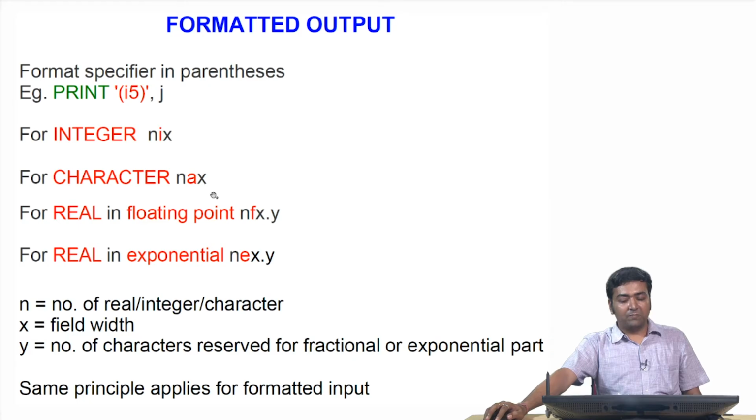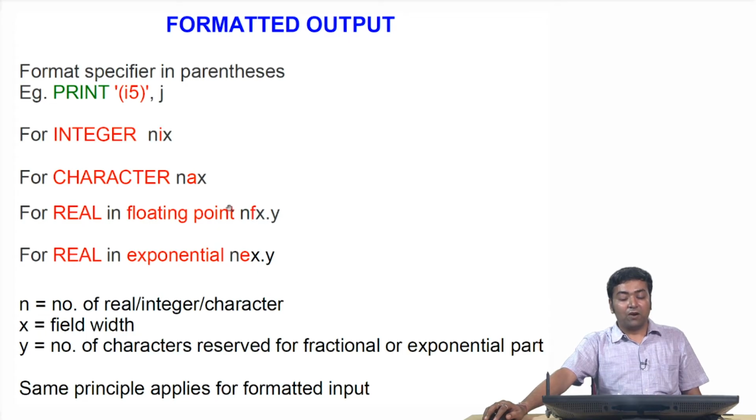Now, it becomes a bit tricky when we go for a floating point operation. In the floating point operation the first two parameters remain the same. I am still telling the number of variables I want to print on the line, and the second one characterizes it as a floating point real number, f.